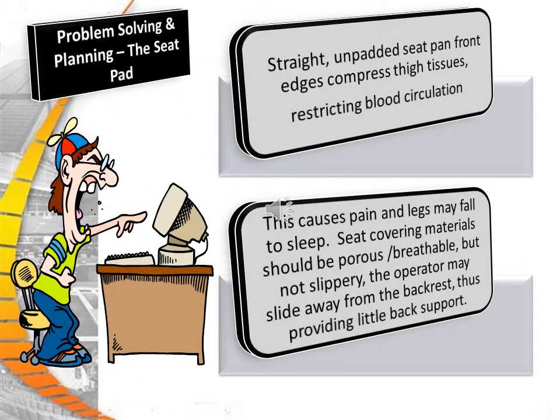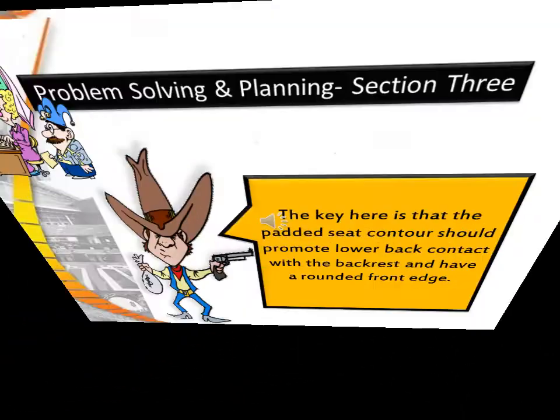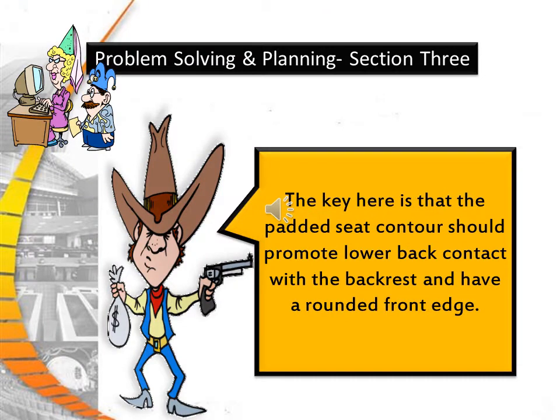Straight and unpadded seat pan front edges compress thigh tissues, restricting blood circulation. This causes pain and legs may fall asleep. Seat covering materials should be porous and breathable, but not slippery. The operator may slide away from the backrest, providing little back support. The key here is that the padded seat contour should promote lower back contact with the backrest and have a rounded front edge.